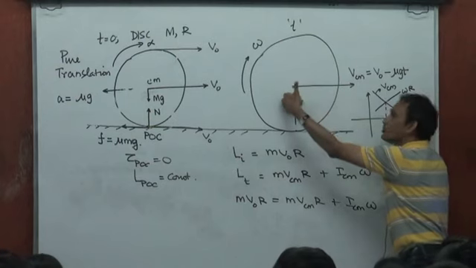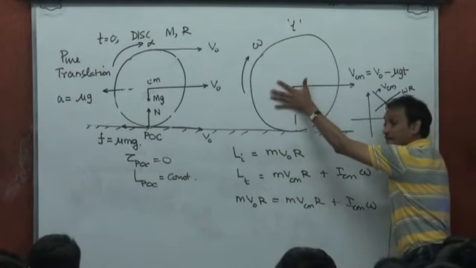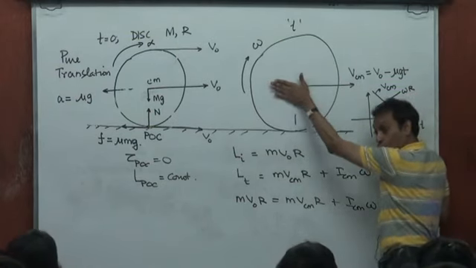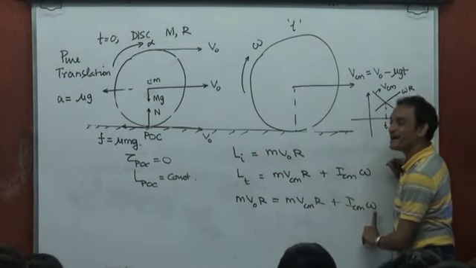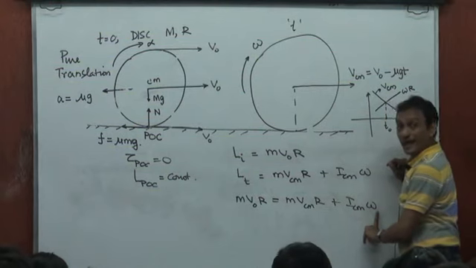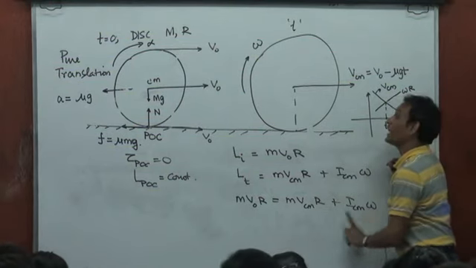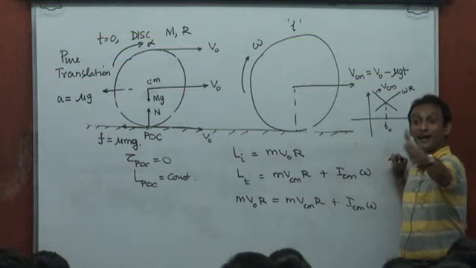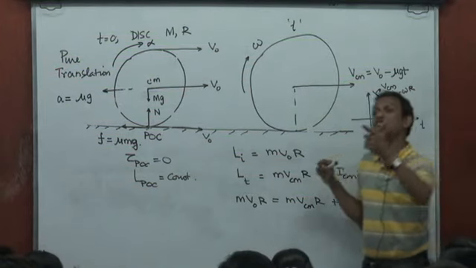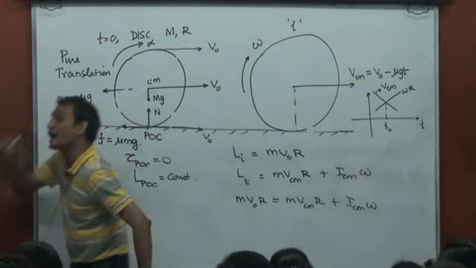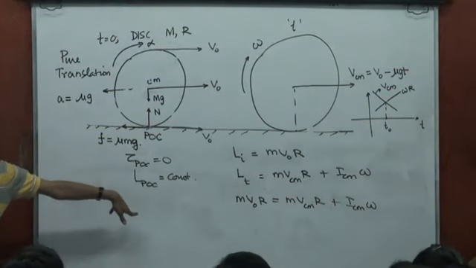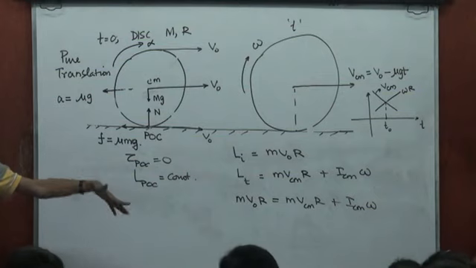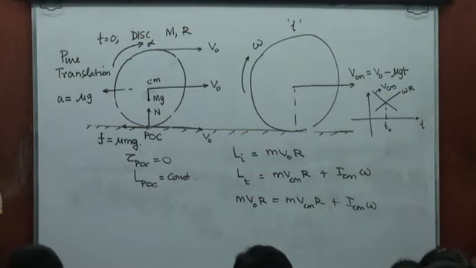But if this also is a rolling state, then I can write omega as VCM by R, and I can calculate VCM directly. I can calculate VCM at an instant when rolling started right away by using conservation of angular momentum. Are you all right with this or not?